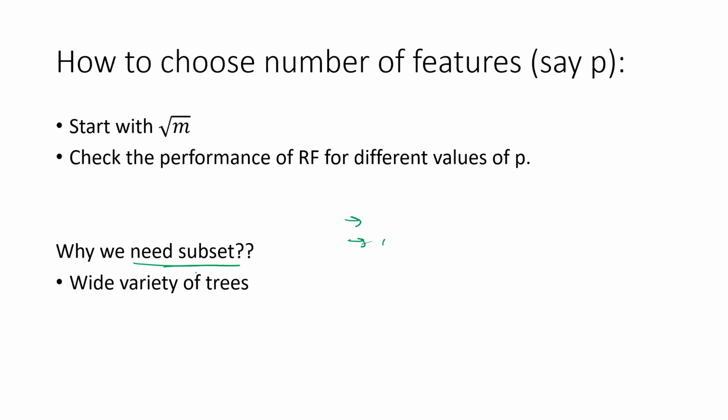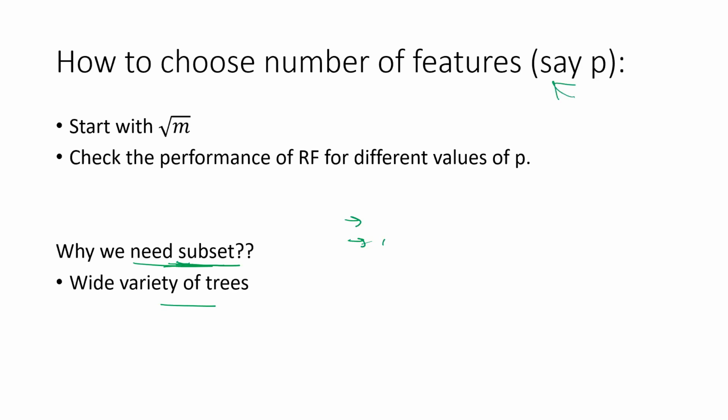Because if we don't create bootstrap samples and don't create subsets, then every estimator is going to be the same, right? And it doesn't make sense to average out estimators which give the same performance. So just to make sure that every estimator has different performance, we take bootstrap samples and we take a subset of the features.